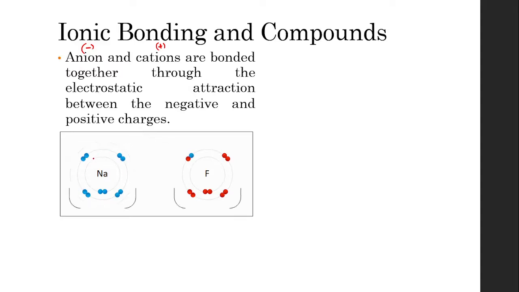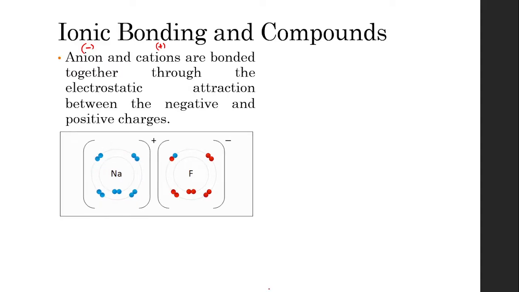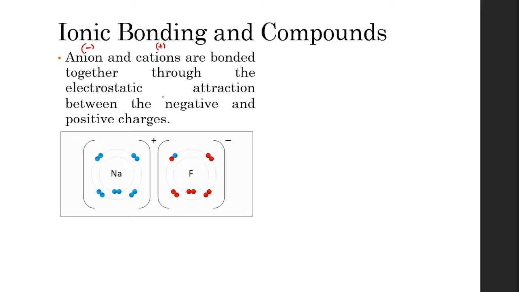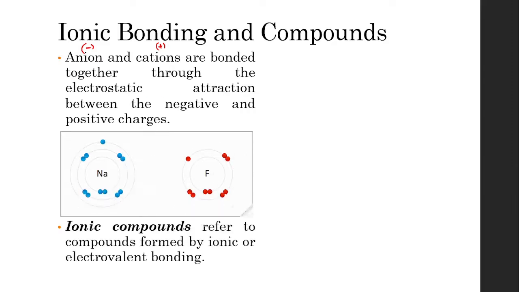And we've proven this to be true from the electronic configuration, which now makes our sodium positively charged and our fluorine negatively charged. And because of this charge, they are now attracted to each other via the electrostatic attraction. So that's what creates the ionic compound.